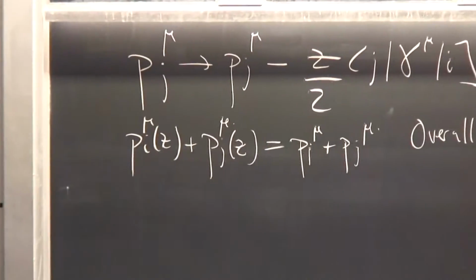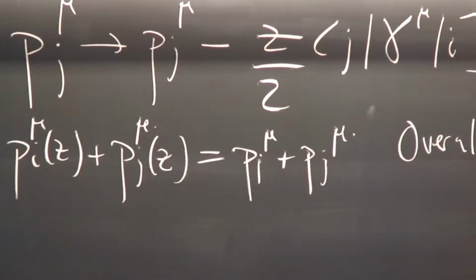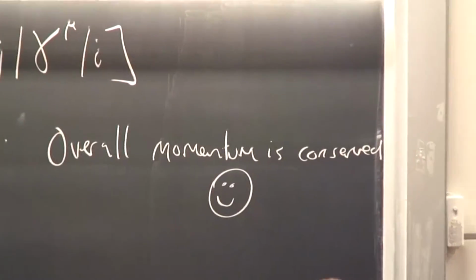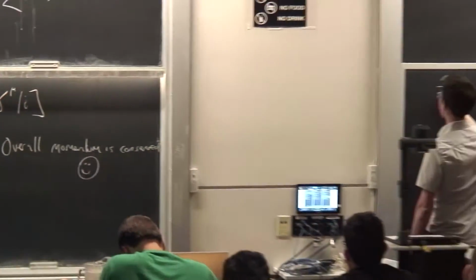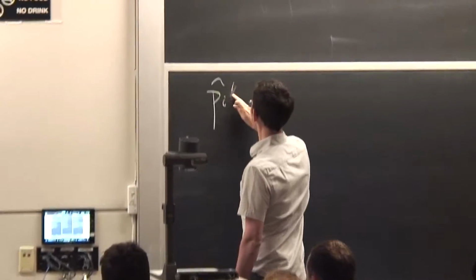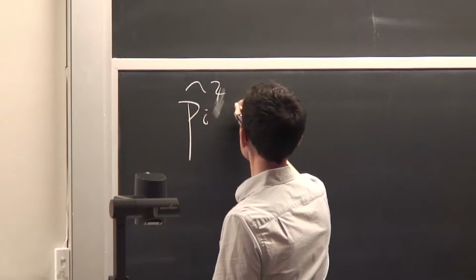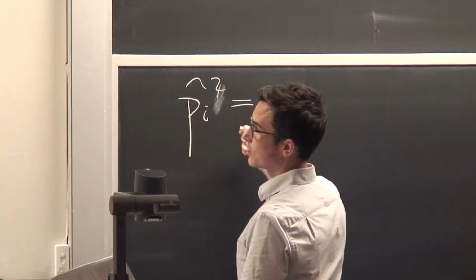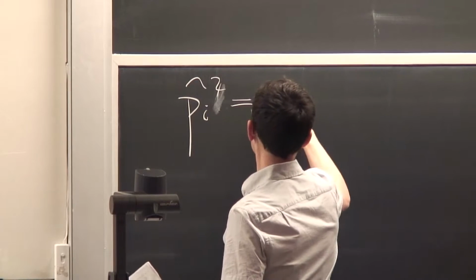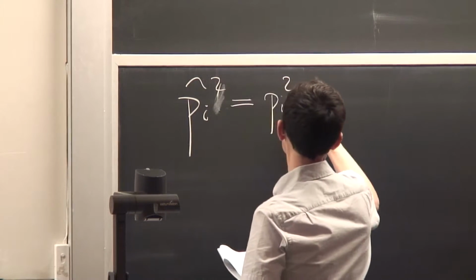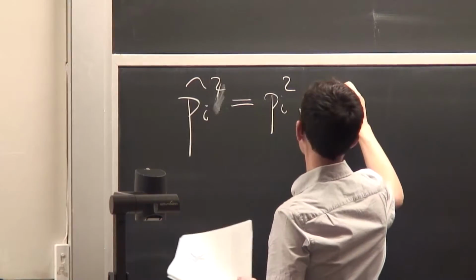Now what else do we have that we like? Well, let's square one of these things up. So if I take p_i, put a hat over it now to indicate that this is the shifted momentum. So if I square that, then what do I get? So I get p_i squared, which is 0. And then I'm going to the top line, I'm going to get plus 2, then a half, so that gives me z.